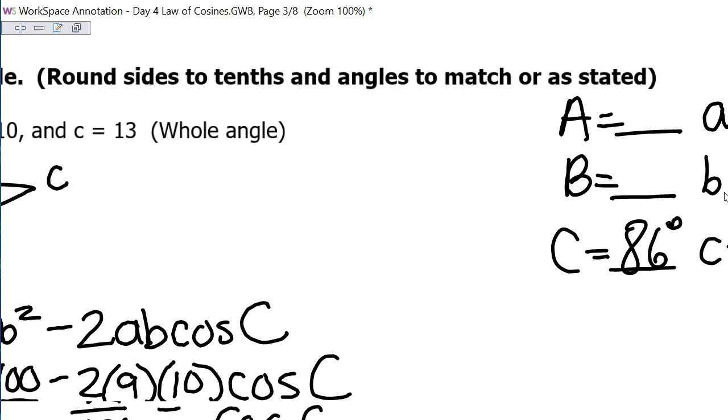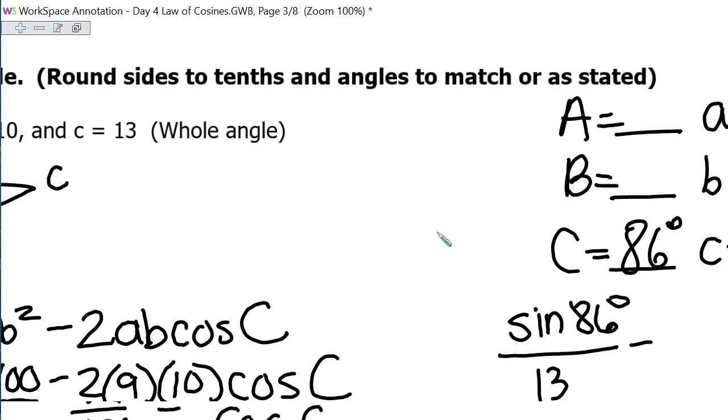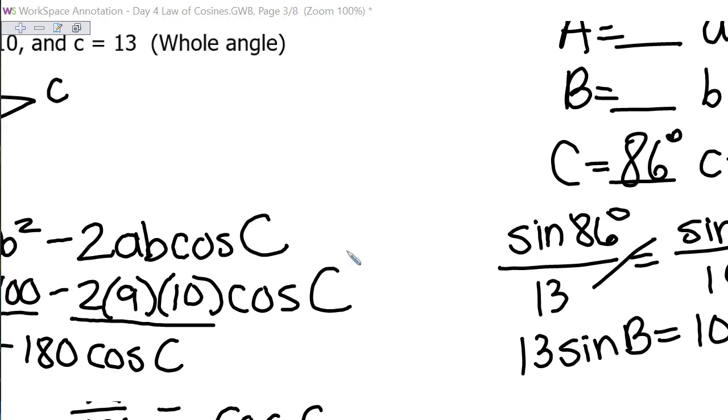Okay, so now let's do law of sine. So this would be sine of 86 degrees over side C, which is 13, is equal to, let's do B first, sine of angle B over 10. Cross multiply, so this would be 13 times the sine of angle B is equal to 10 times the sine of 86 degrees. Divide both sides by 13.